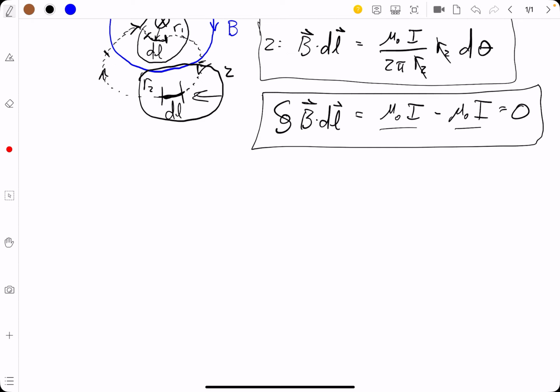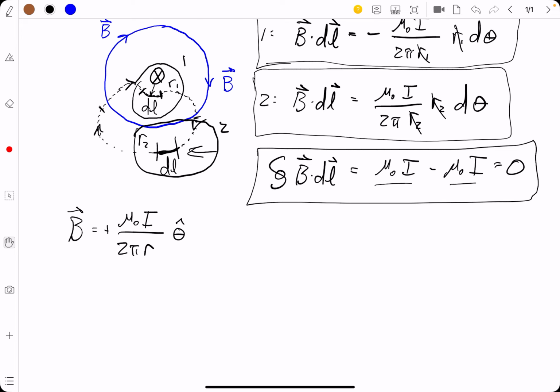Now, what about direction? We could say, all right, if we were to go in a clockwise circle, we would end up with B being positive mu naught I over 2 pi R in the theta hat.